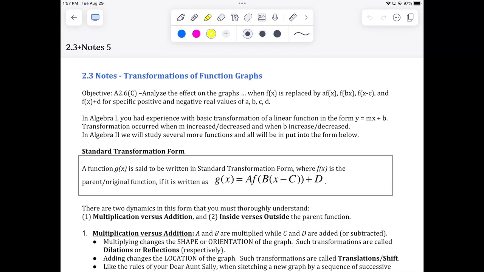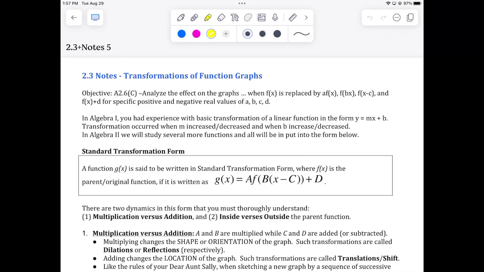C is being added or subtracted on the inside. That then is going to affect the graph horizontally by shifting it or translating it, we say, left or right. It's just going to pick it up and move it left to right. And then D is being added on the outside, so that's going to be a vertical shift or a vertical translation. That just picks the graph up and moves it up or down D units.